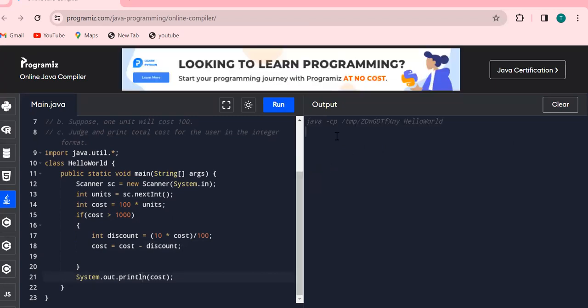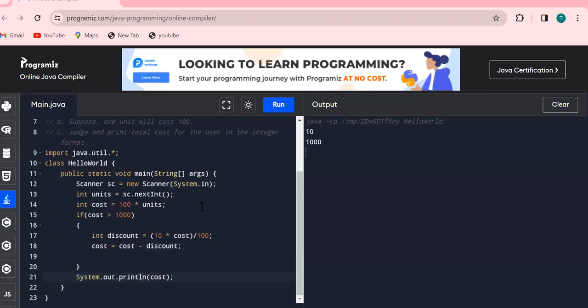So let us give 10. From the user, we have given 10 units. So what's the total cost? 10 into 100, 1000. Is the total cost greater than 1000? No. So the discount will not be applied. The total cost will be 1000 only.